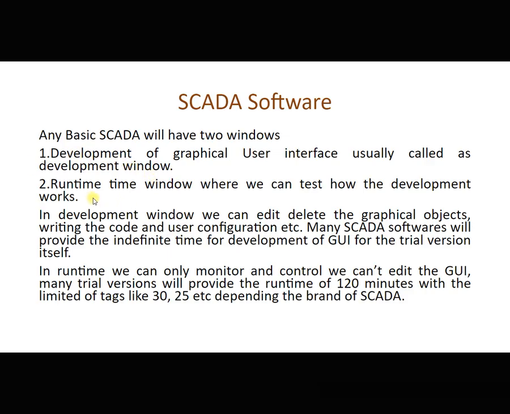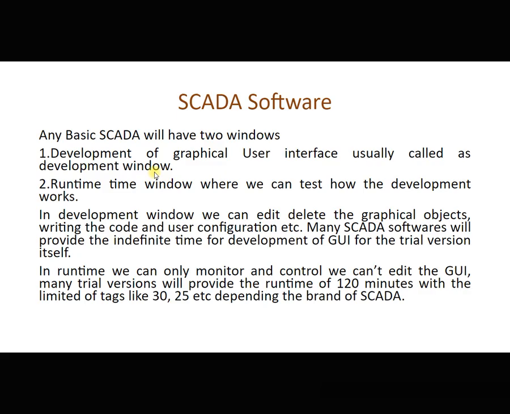The name itself tells you: in the development window a user can create his own graphics, and do any edits or deletions. Development of a graphical user interface is usually called the development window.